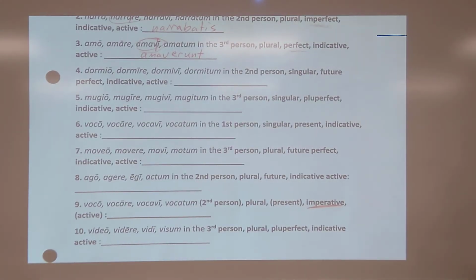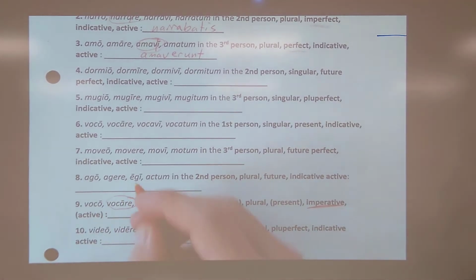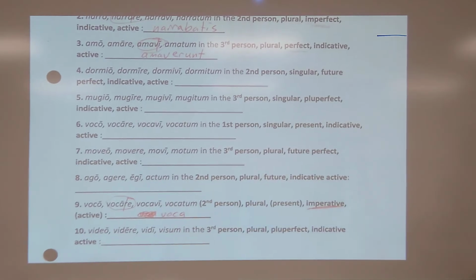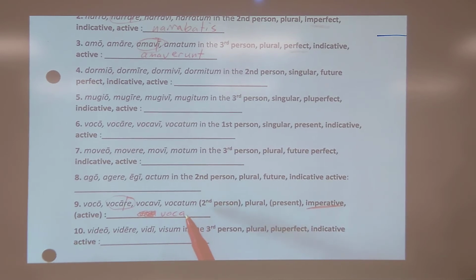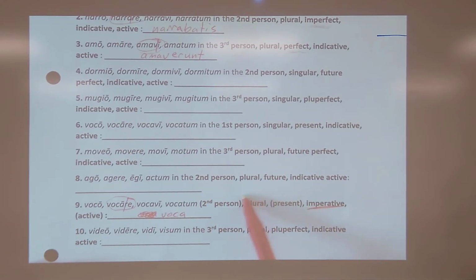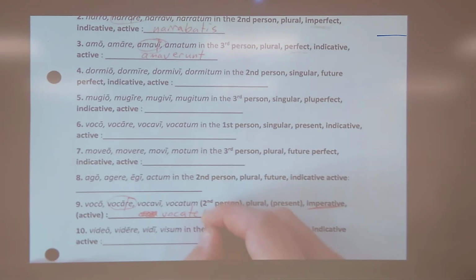But luckily, there's really only one ending for the imperative, because of the way we form it. You go to your second principal part, chop off the RE like always, and if it's singular, you can just leave the stem, which is the imperative. But here it looks like we want the plural. To make this plural, we just add te: vocate.